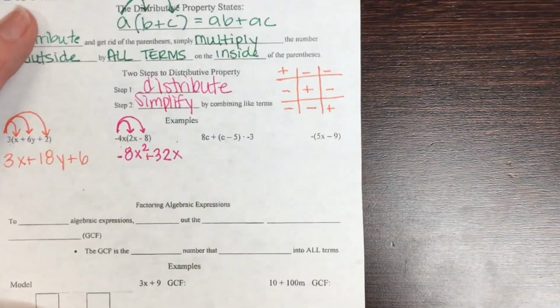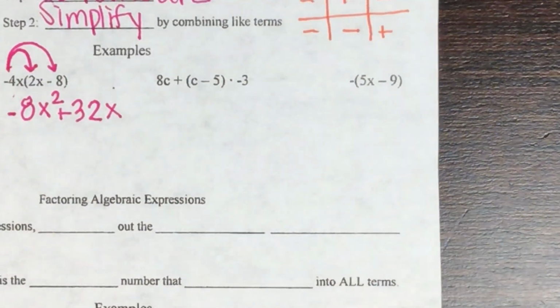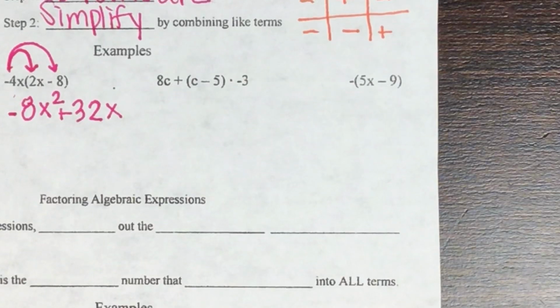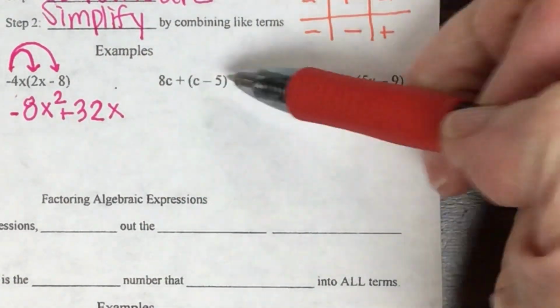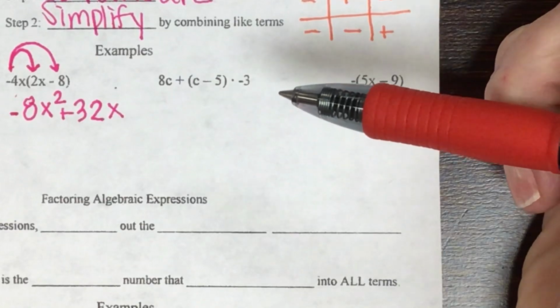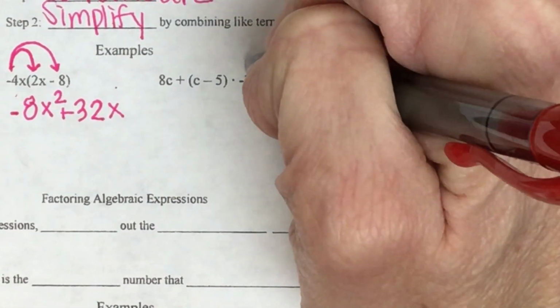All right, I'm going to zoom in a little bit here. All right, do I have a term outside of a parentheses here to distribute? Look closely. 8c plus c. Nope, see here I got a c, I got a plus on here. What do I have over here? -3 times. Nothing says I can't go backwards.